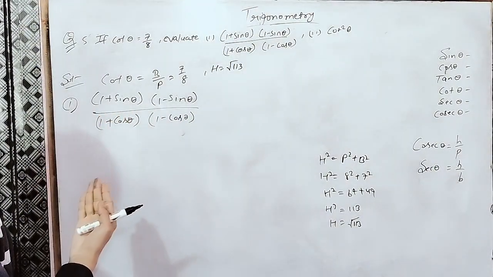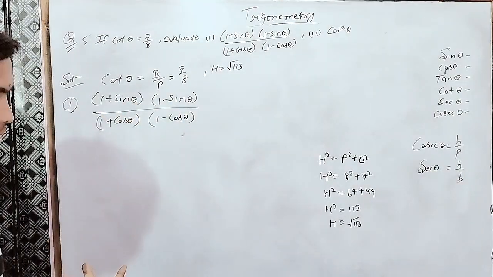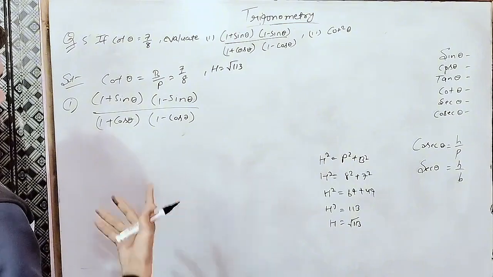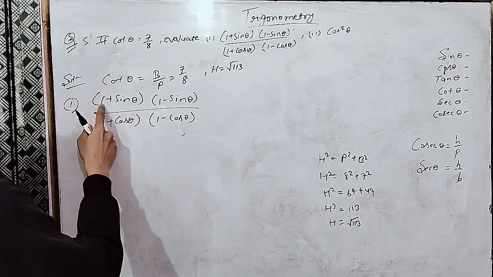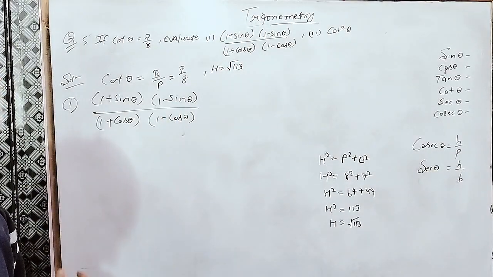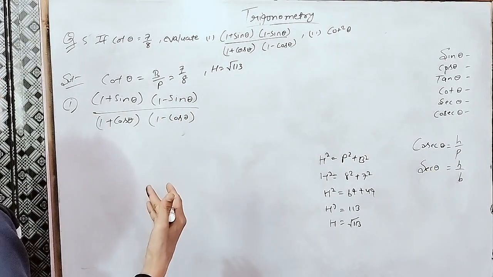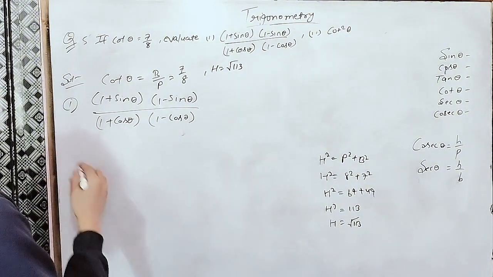The next variable is the same. So here we are looking at algebra, A plus B, A minus B. So can we write A square minus B square? Similarly here, A square minus B square.